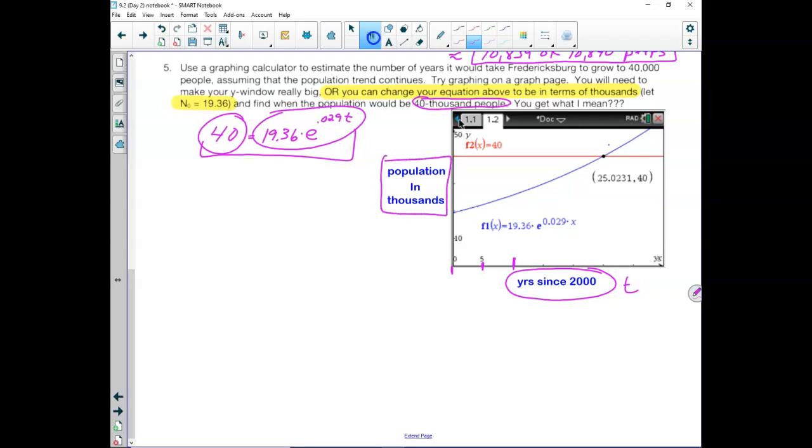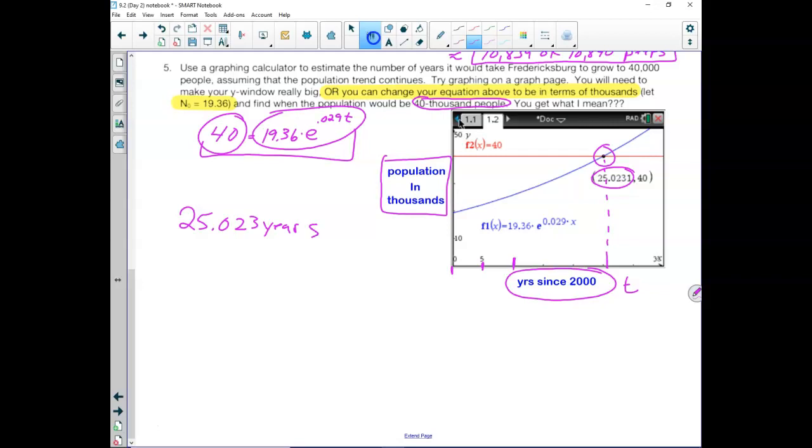So I find that little intersection right there, and I'm going to track that down. How much is that? I don't know, but I know Desmos will tell me it's at like 25.023 years. How long is this going to take?